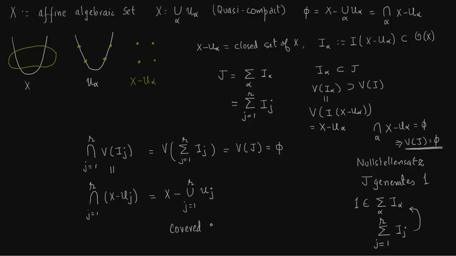The basic argument is that in the ring, 1 is generated by a sum of a finite number of elements. You cannot have 1 generated by infinitely many elements of the ring, and that is the fundamental thing. From there and the null set, everything else follows.